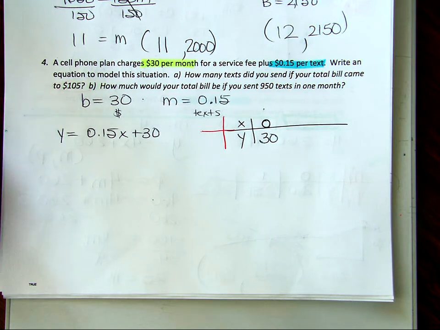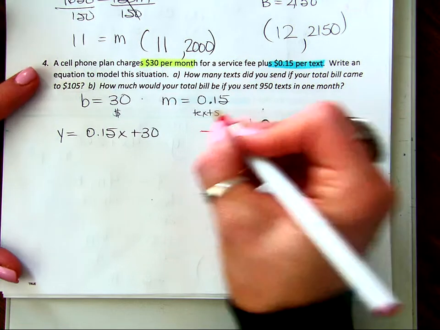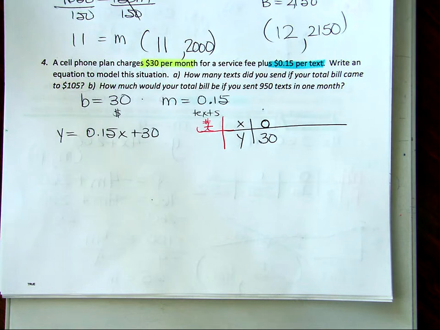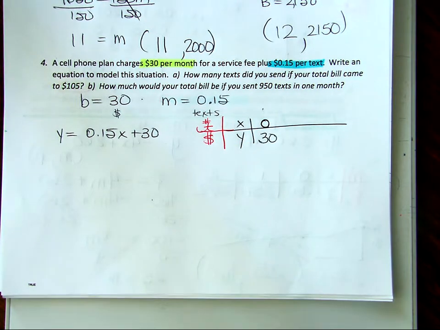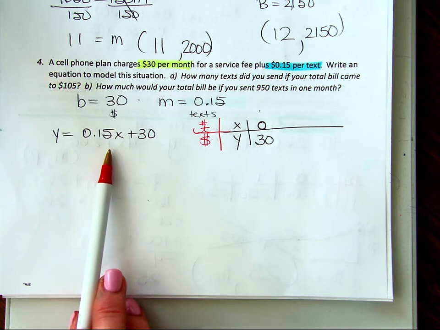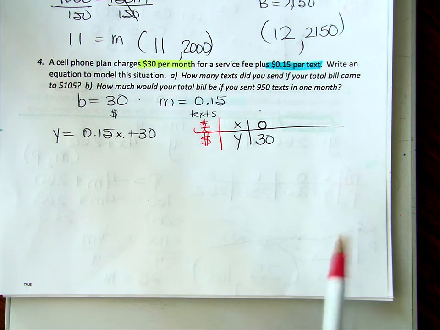If 0 cost you, I just gave it to you, 30, then this is the number of texts that you send, and this is your cost. Want a huge hint? Usually x is your time. If you're dealing with money or cost, it's almost always your dependent variable. Because doesn't your cost depend on things? Like if you go to American Eagle, how much you owe them depends on what you buy. So that's what your y is.